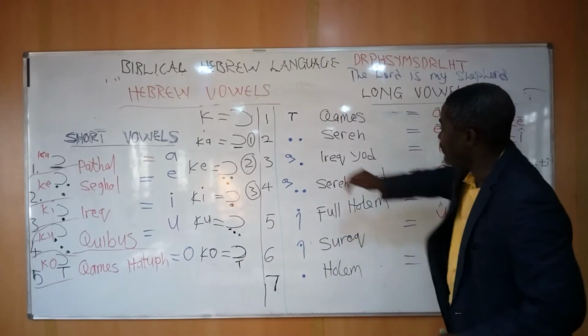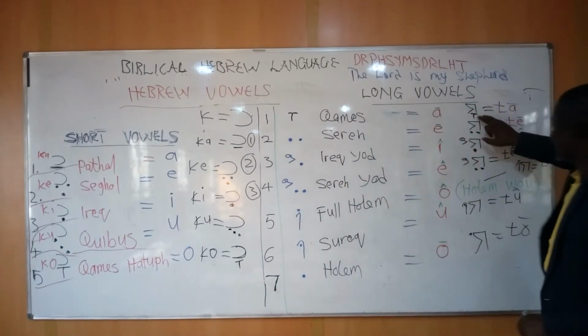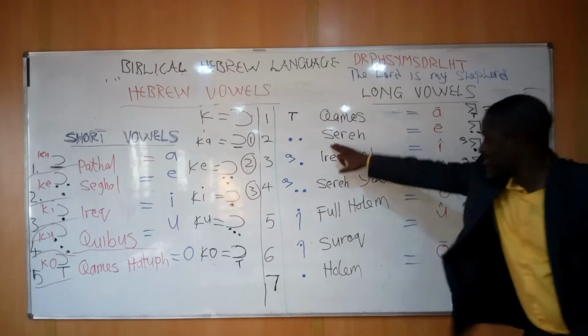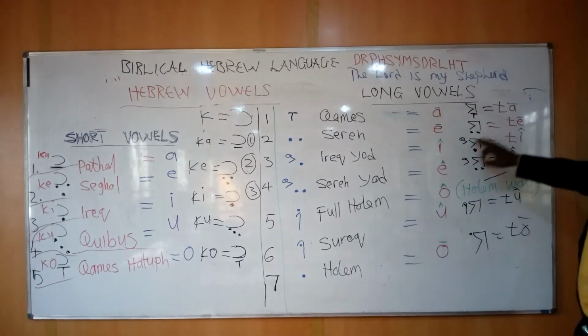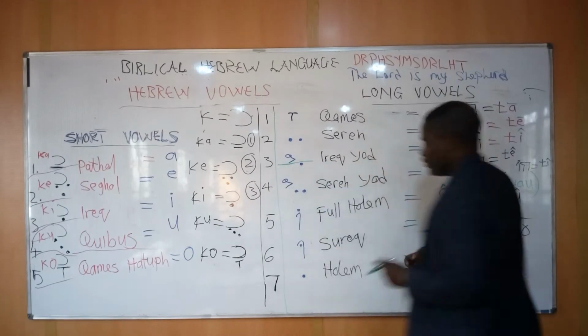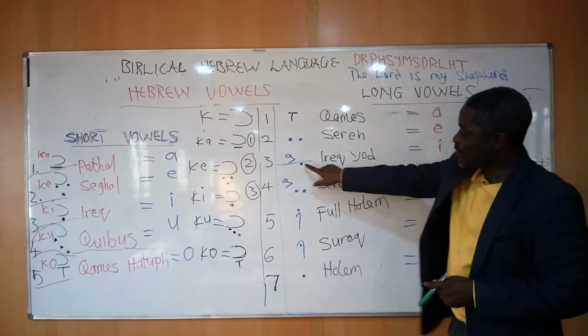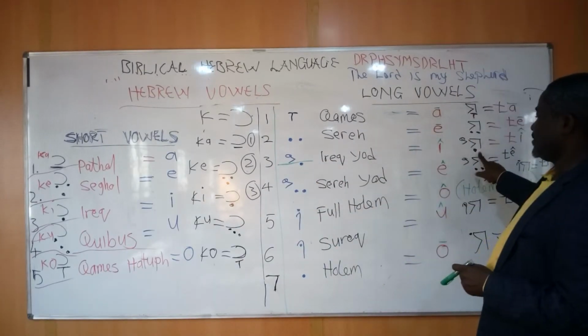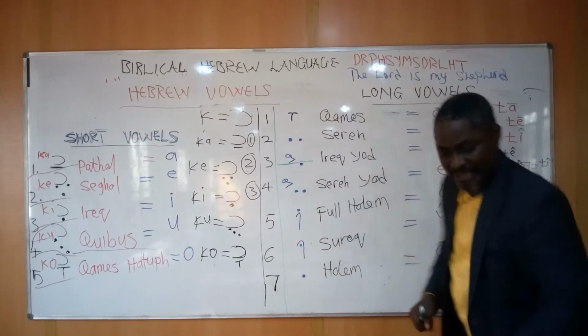For example, kames stays under, sere stays under, irekyod, let me draw a line, it shows that one part will stay under like this, then the rest will stay up.